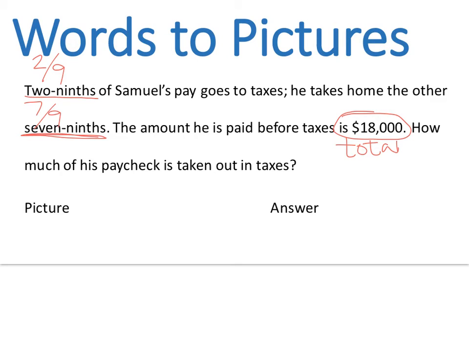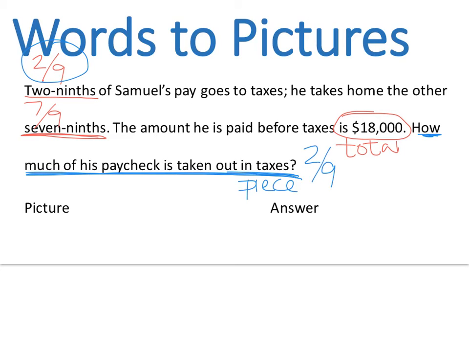Now they want to know how much of his paycheck is taken out in taxes. So here I ask myself, okay, are they asking for the total or a piece? They're asking for a piece. Specifically, they're asking for 2/9. So 2 of my 9 boxes will add up to his taxes. So I'm going to draw my picture.